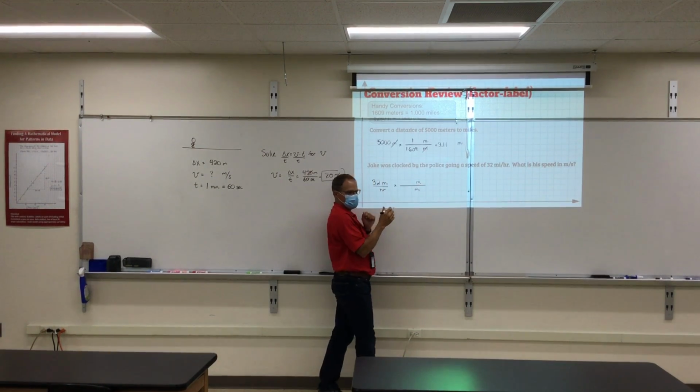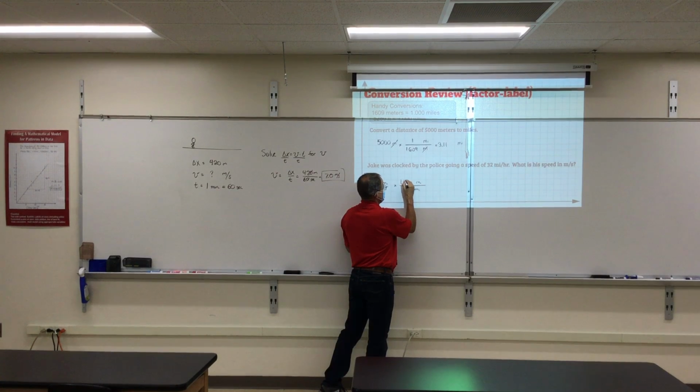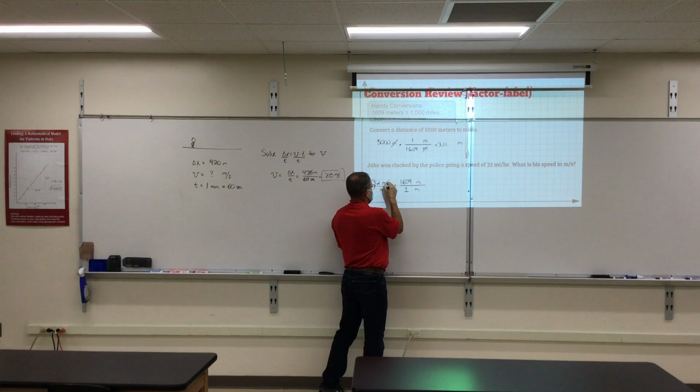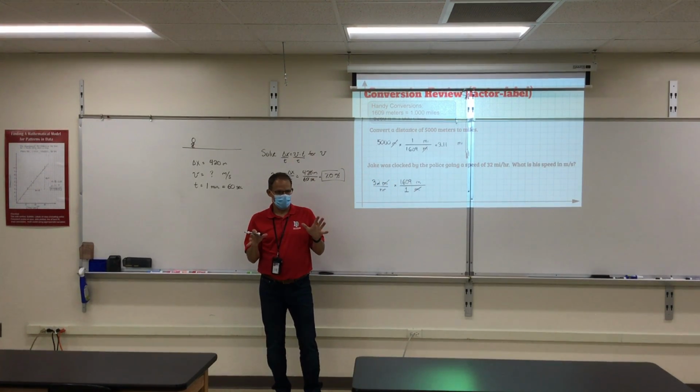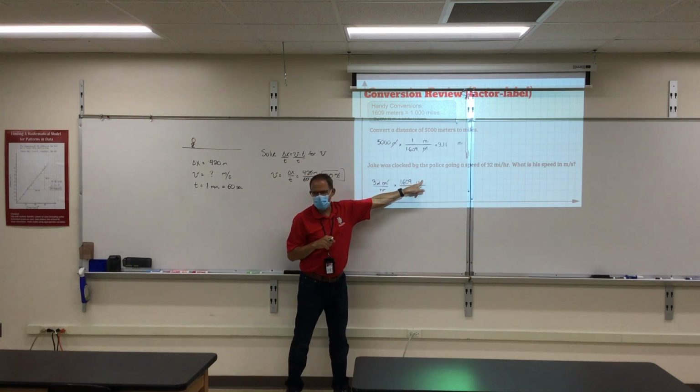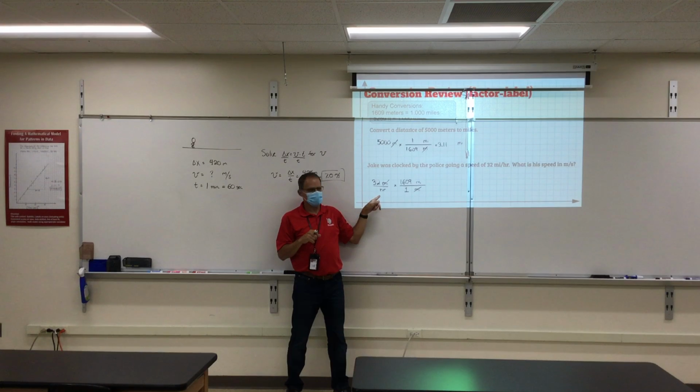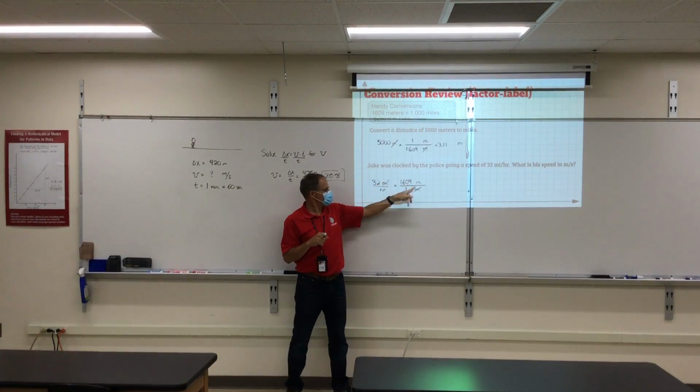How many meters in a mile? 1609. So the miles cancels the miles. If I stopped there, what would the units of my answer be? Andrew? Meters per hour. The miles canceled, right?